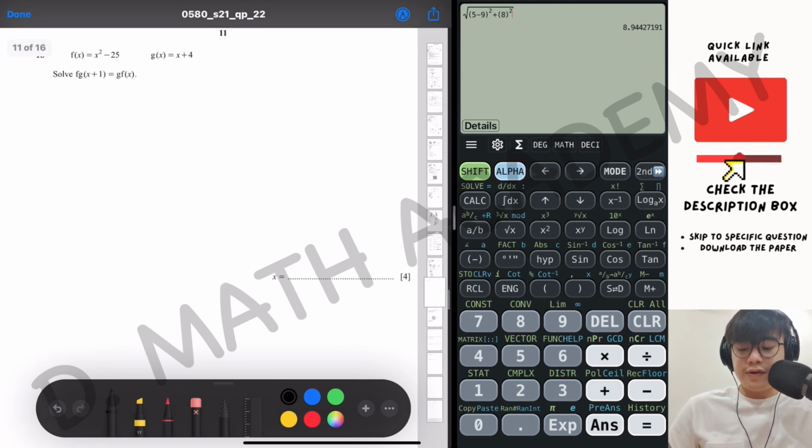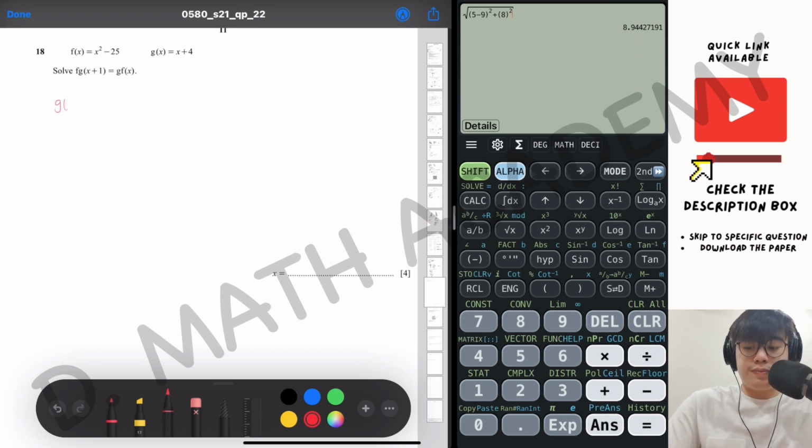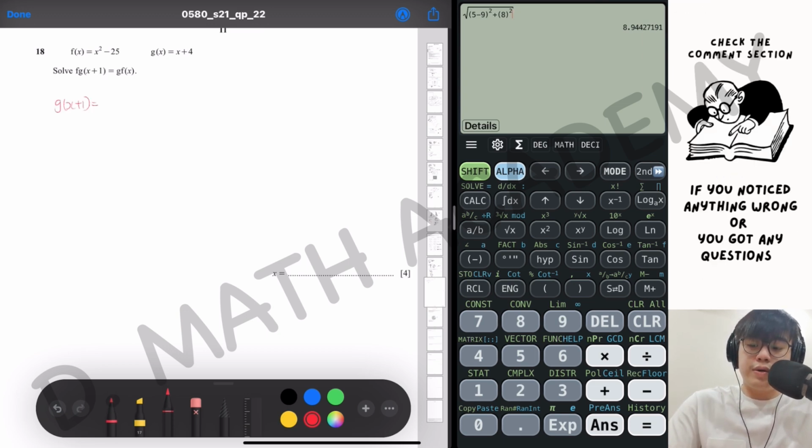Question 18, function question. So we do this at the side first for our g(x plus 1). Replace the x plus 1 into the x position. You will have an x plus 5 at the end. So your f(x plus 5) will result in (x plus 5) to the power of 2 minus 25. When you expand it out, this is what you should be getting.